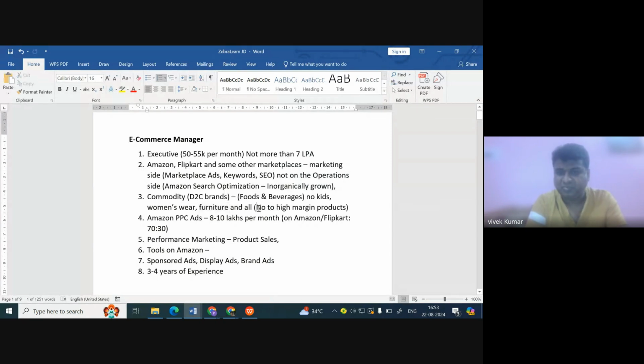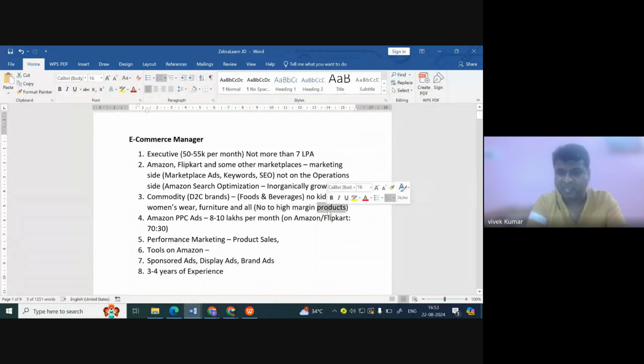If you're working for a product where the margin is very high, let's say Gucci or Armani kind of products, where you sell a single apparel for 50,000 or maybe 1 lakh, the margin is high, so the cost is not a concern. If you generate one sale for 10,000 rupees, you're still making a profit.